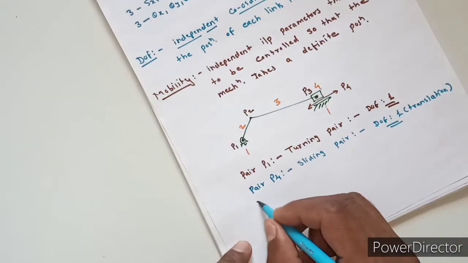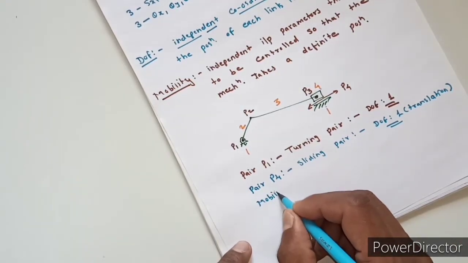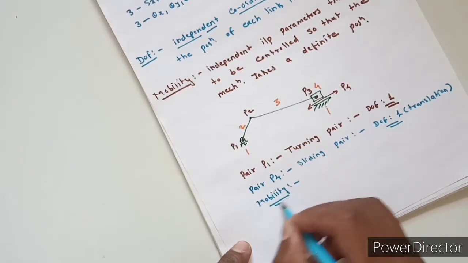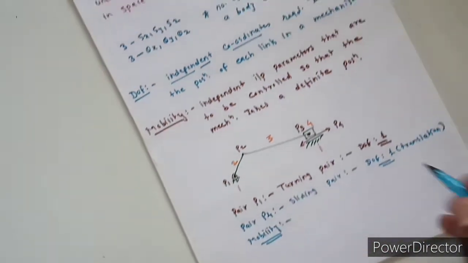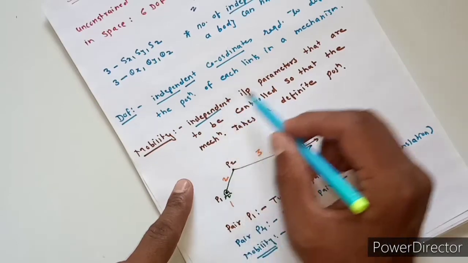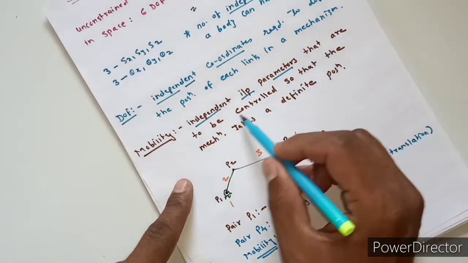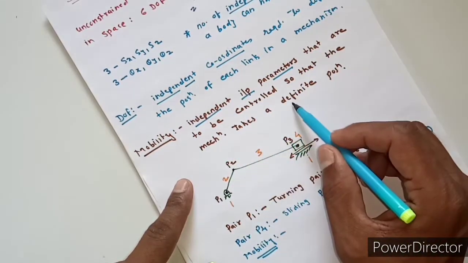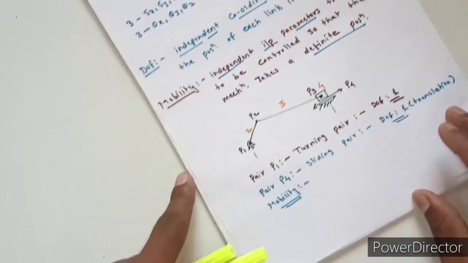Now if you want to define the mobility of this mechanism, look at this: number of independent input parameters that are to be controlled so that the mechanism takes a definite position.